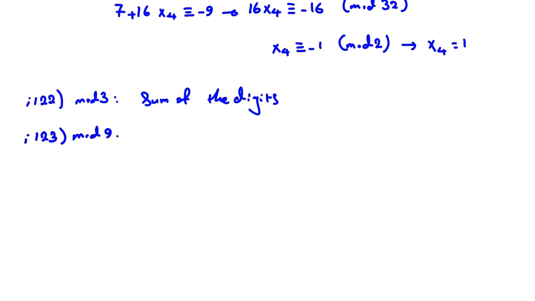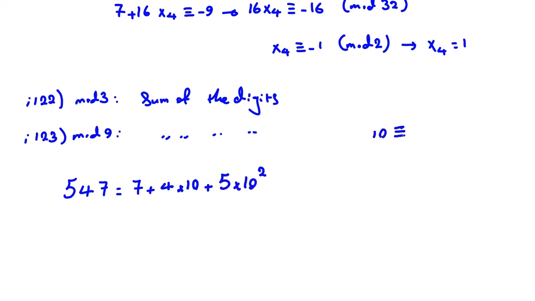For mod 9 also you should use sum of the digits. Why? Because for example, look, 5, 4, 7. You say it is 7 plus 4 times 10 plus 5 times 10 squared. We know 10 mod 3 or mod 9 is 1. Okay? Then you say, okay, instead of 10, we can write 1. 1 plus 4 plus 5, sum of the digits. Mod 9 and also mod 3 will be same.